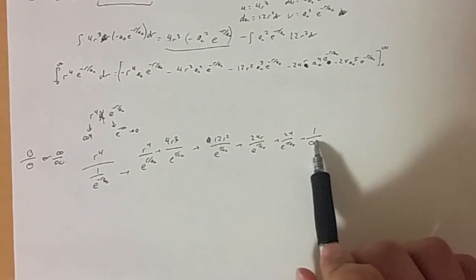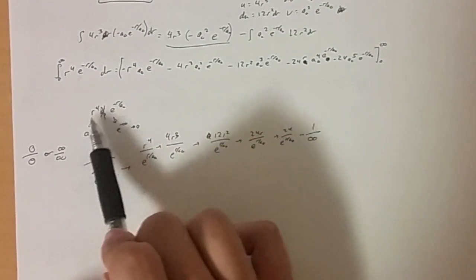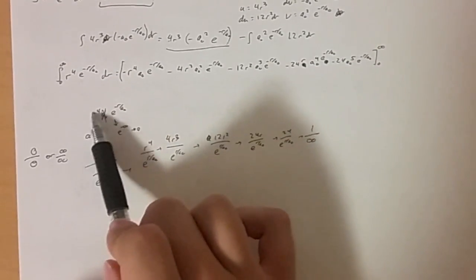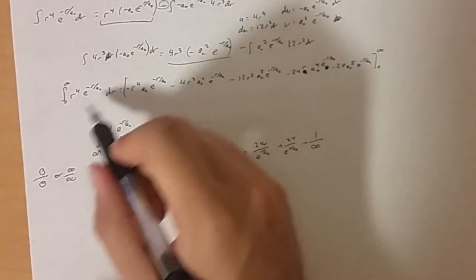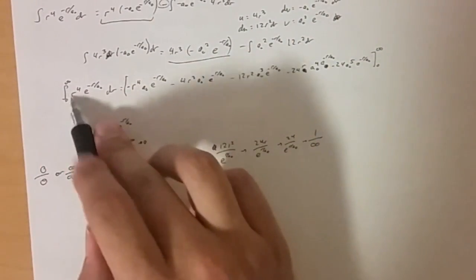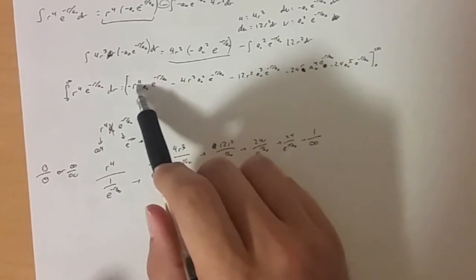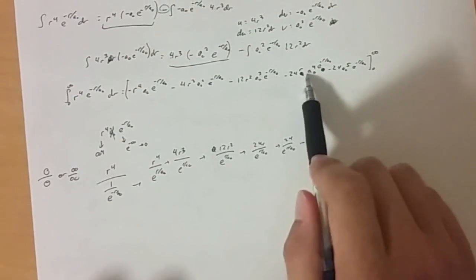But basically, we just know that when you've got r to any constant times e, as r goes to infinity, this is going to be 0, right? So then, when we look at this function and we evaluate it at infinity, we get 0 and 0 and 0 and 0 and 0.